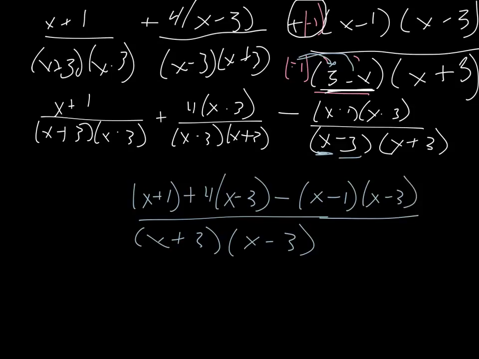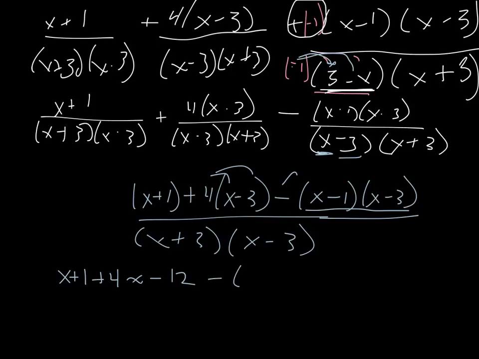Now I just have to simplify the top. So I'll have x plus 1 plus 4x minus 12. I've done that bit. And now here, maybe I should FOIL this first and then apply the negative sign to it. I could do that or apply the negative to the first. Let's just FOIL that last thing.